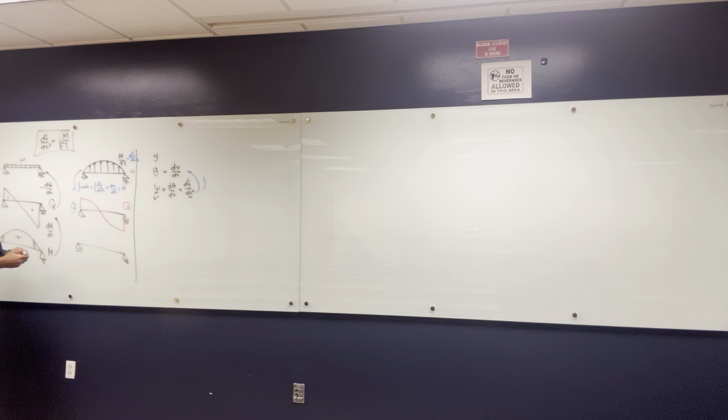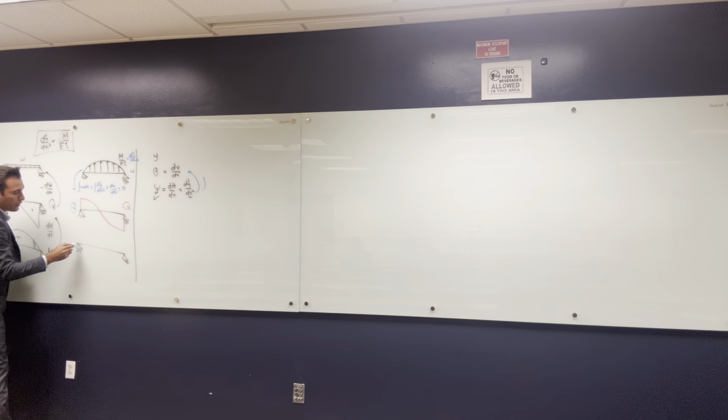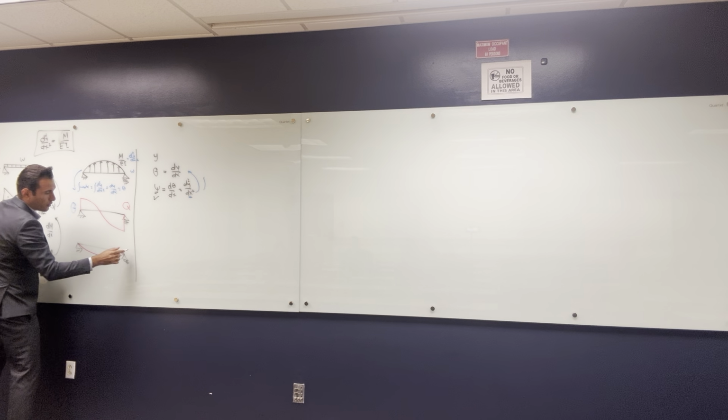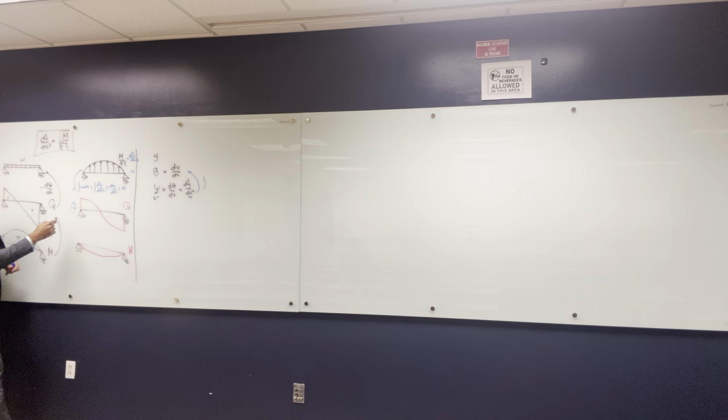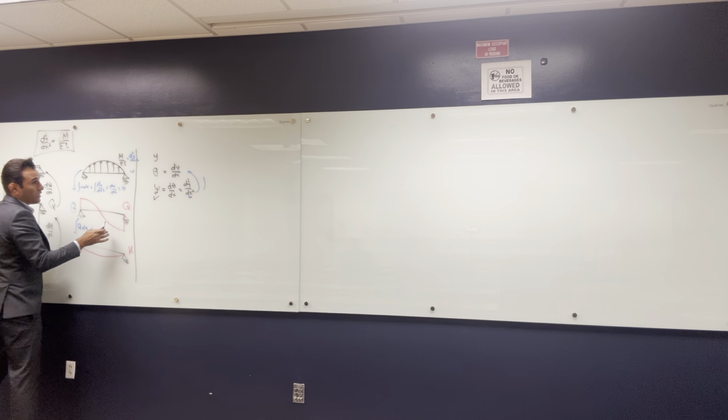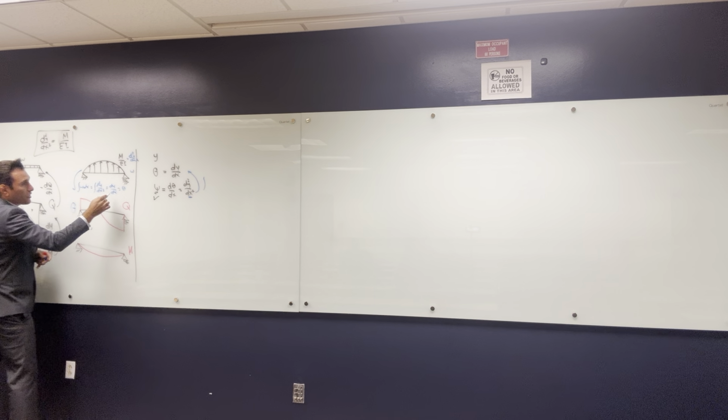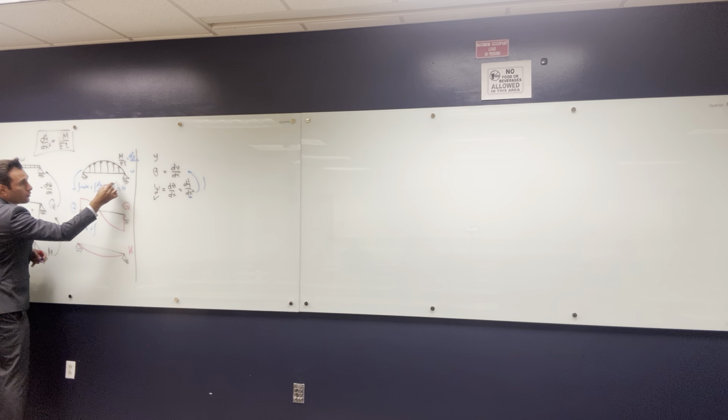And the next thing, if you draw the bending moment diagram here, it's going to be something like this, and this is the moment. That also means it is the integration of q with respect to x. And if I integrate q dx, it's going to be y, because this is equal to theta, right?